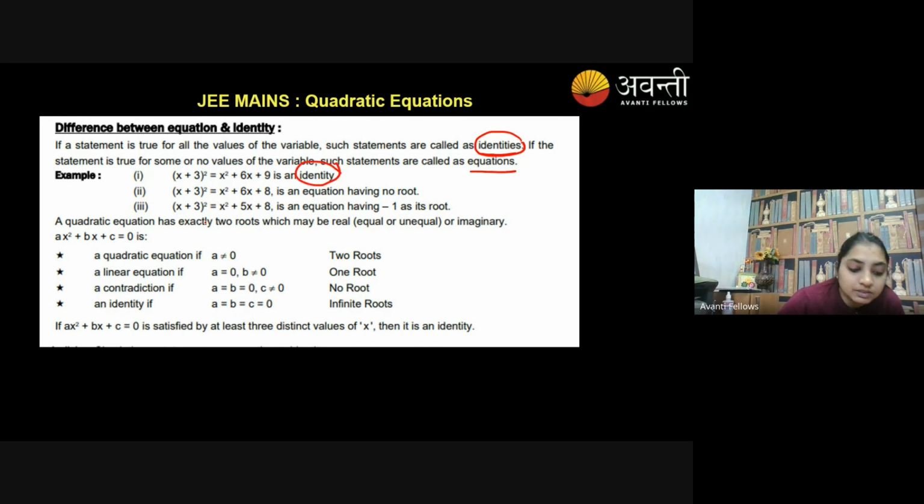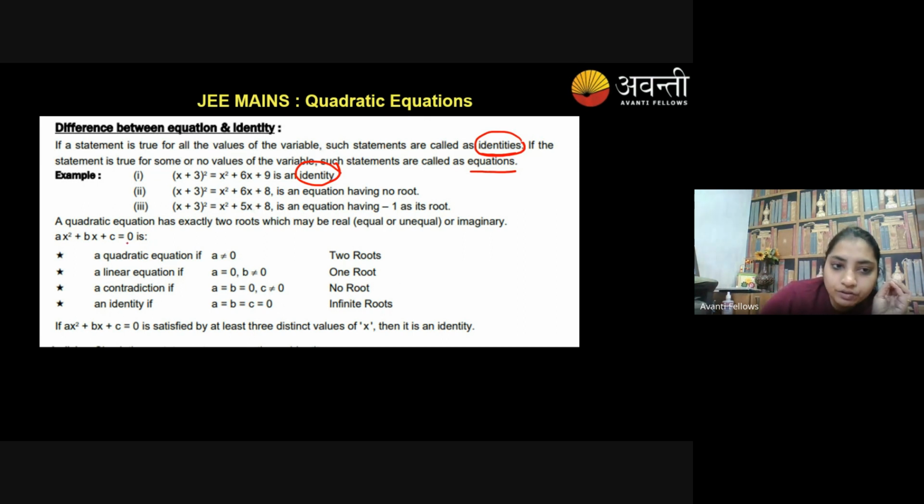When only particular values satisfy it, for example if the maximum power is 2, a quadratic equation, only two values will satisfy my equation. So that is called a quadratic equation, and these two values are called roots.